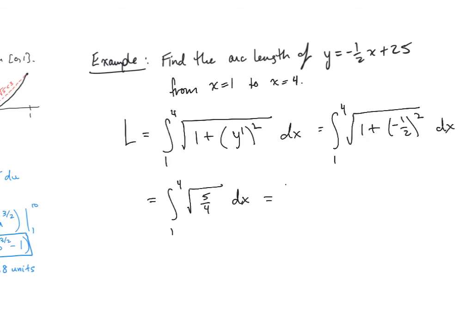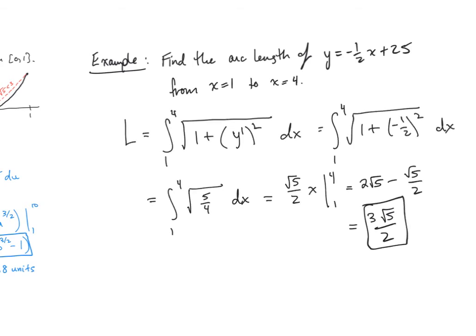And that's just, I guess, square root of 5 over 2 x, evaluated from 1 to 4. And so plug in 4, we get 2 square root of 5. Plug in 1, we get square root of 5 over 2, which combined gives 3 square root of 5 over 2. So there you go, piece of cake.